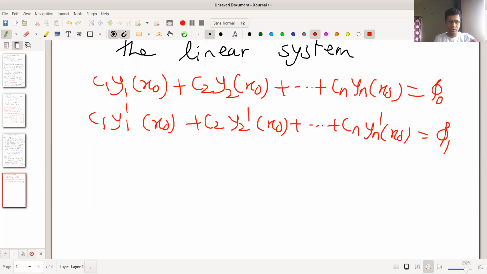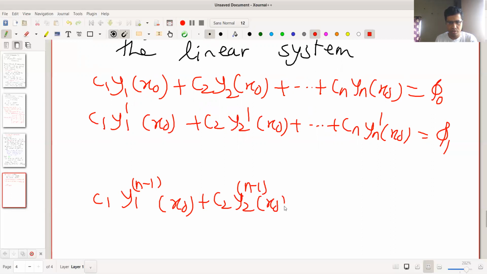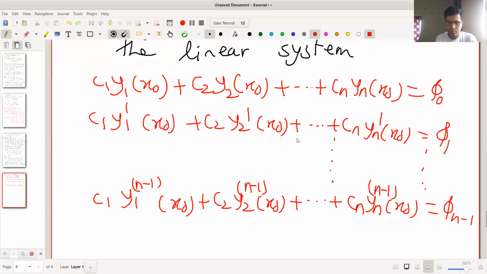Okay, so continuing, we get the last equation: C1 y1 n minus 1 order derivative at x naught plus C2 y2 n minus 1 at x naught plus and so on plus Cn yn n minus 1 at x naught equal to phi n minus 1. We call this system 1.